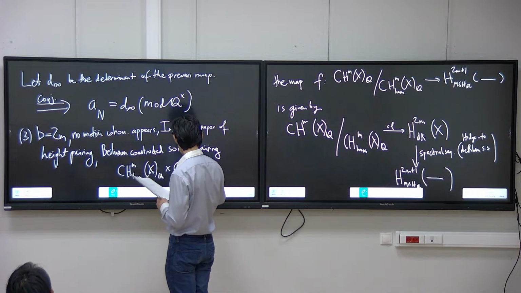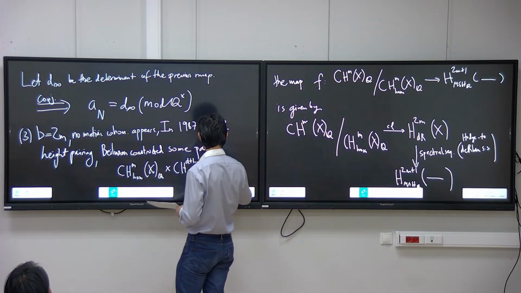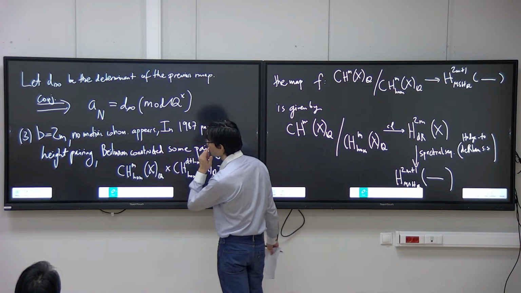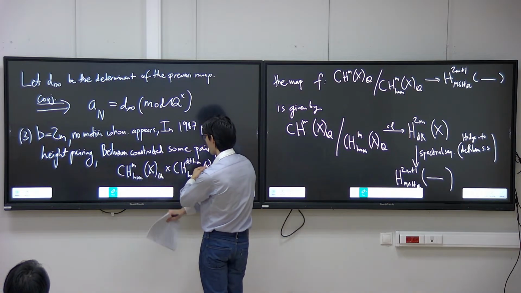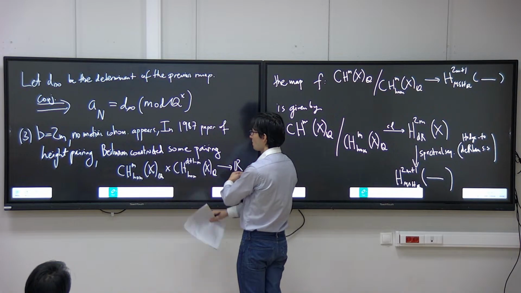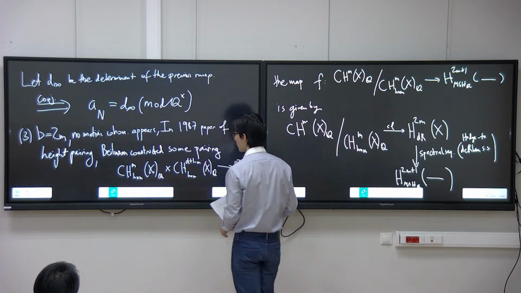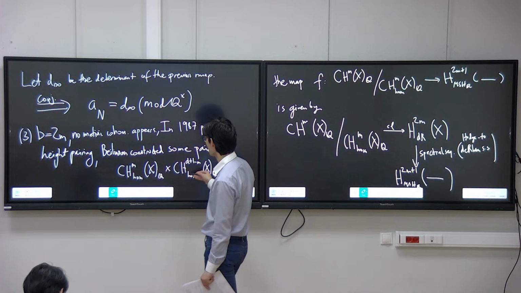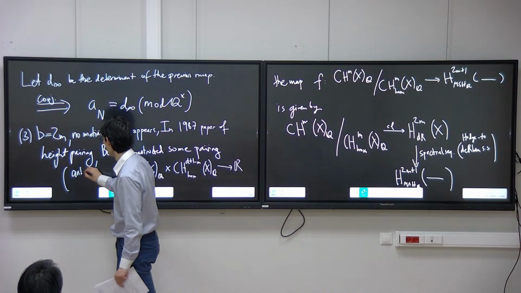Recall d was the dimension of X, into R. This height pairing is not naive intersection: if I take an intersection of something of codimension m with codimension d plus 1 minus m, I get codimension minus 1, so it doesn't make any sense. Not naive geometric intersection. Beilinson's height pairing is some kind of arithmetic intersection.